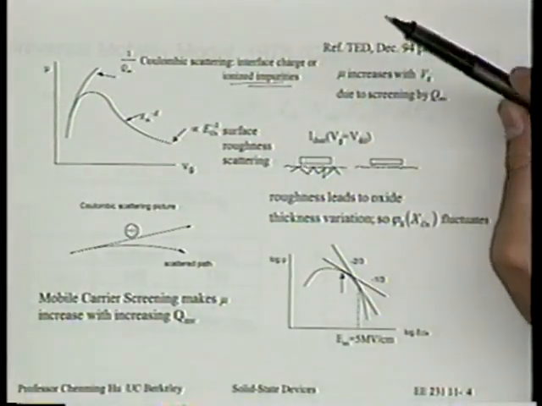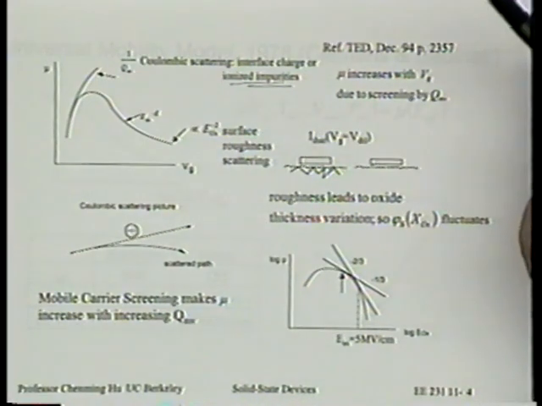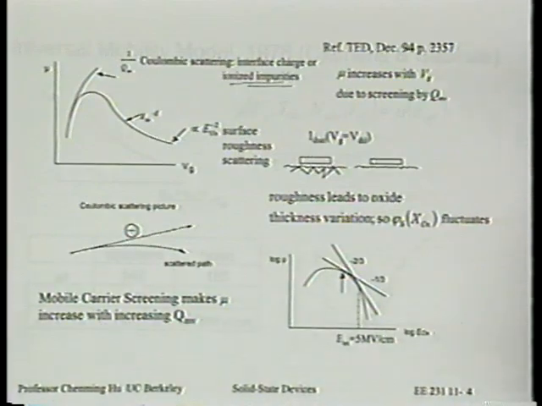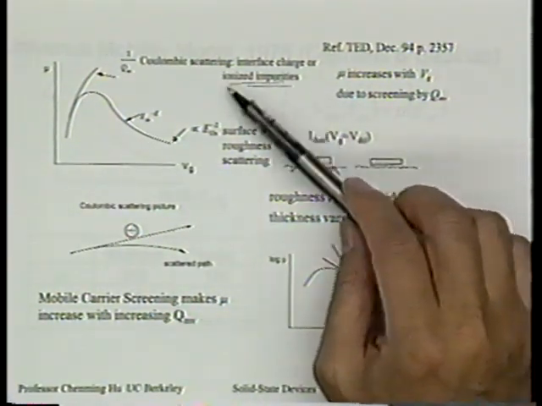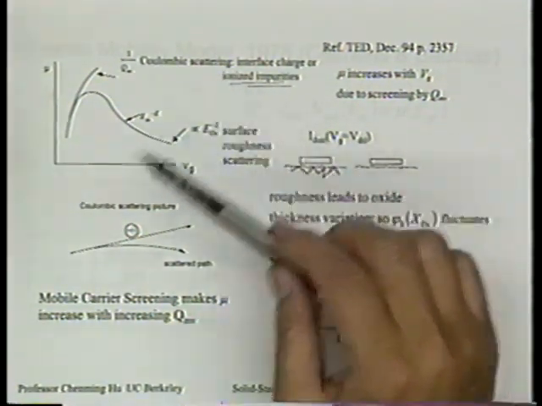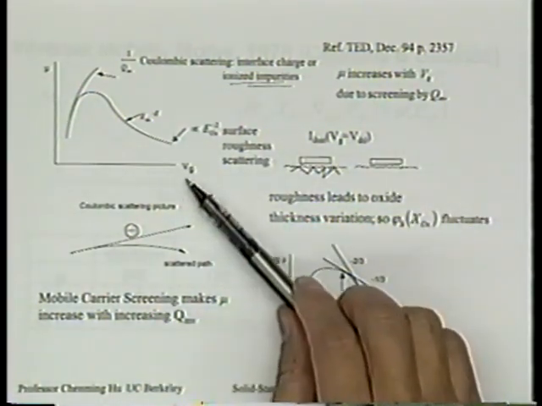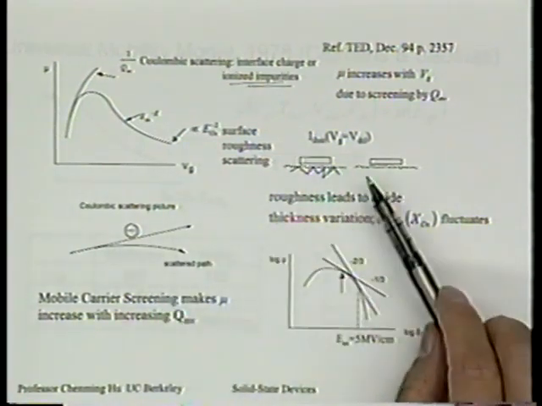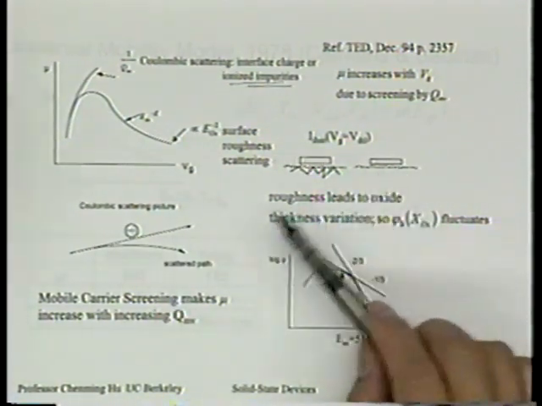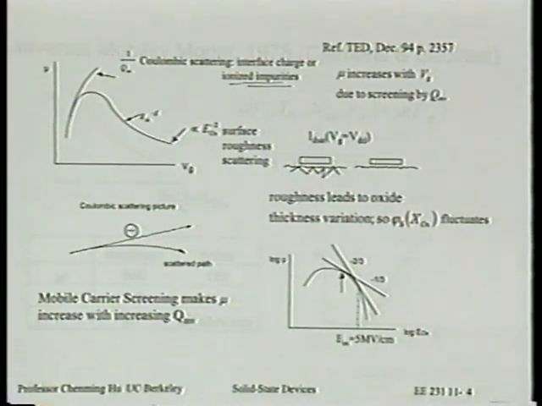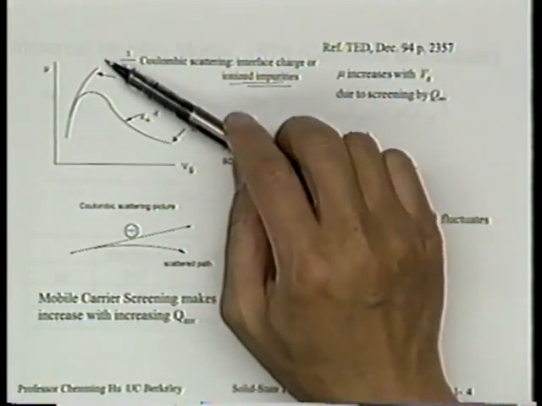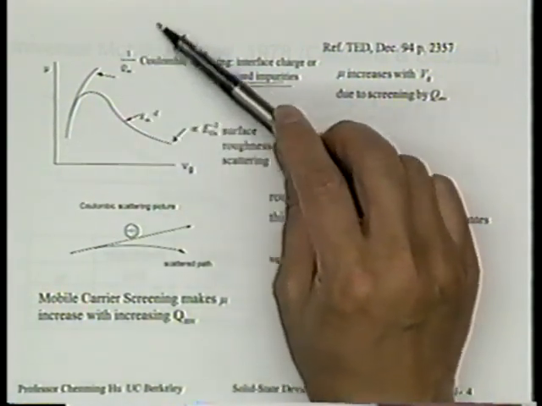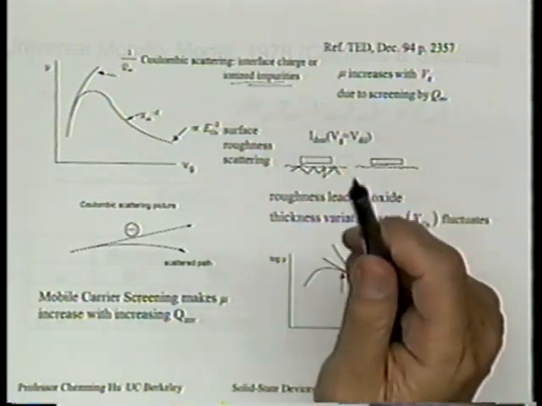If you read a paper about 1/f noise, you will notice it's very important to remember there is something called screening, which will make the severity of Coulombic scattering go away when Vg is large. Because when Vg is large, there will be a lot of inversion charge near the surface that will screen away the Coulombic scattering. As a result, the mobility will increase. So the mobility due to Coulombic scattering alone is this curve. All right? You follow what I'm saying?